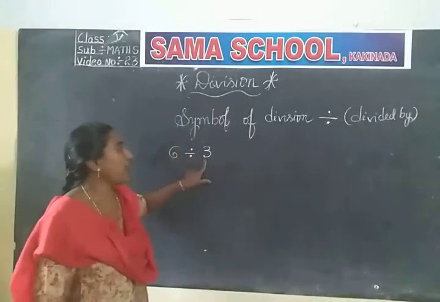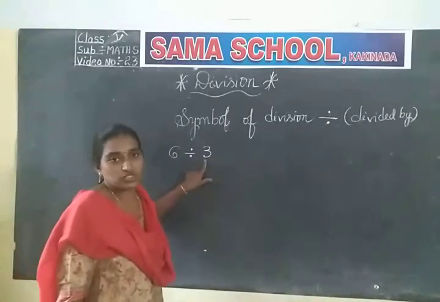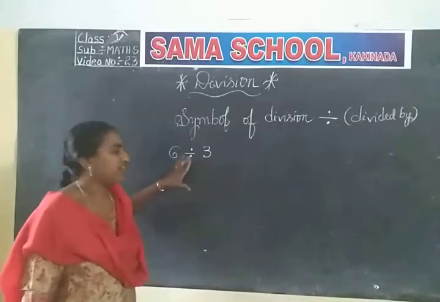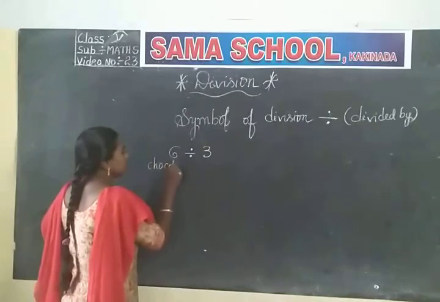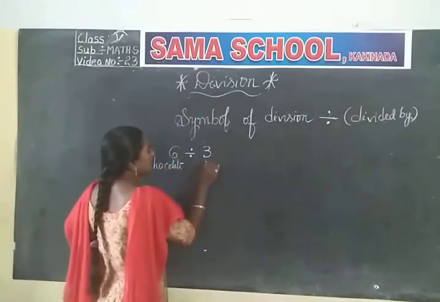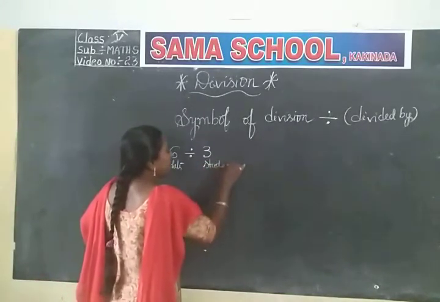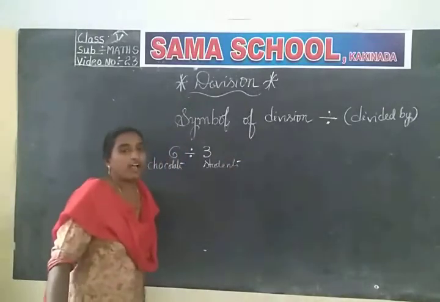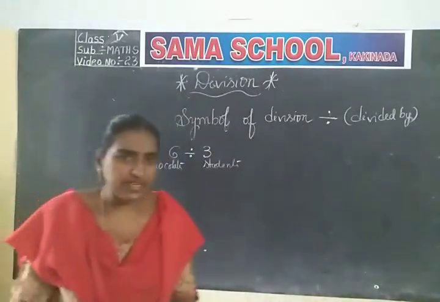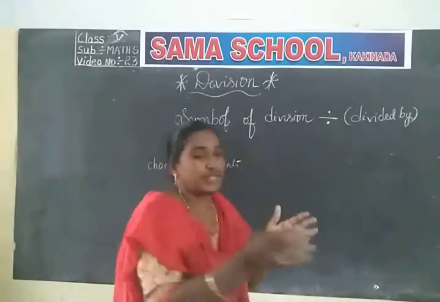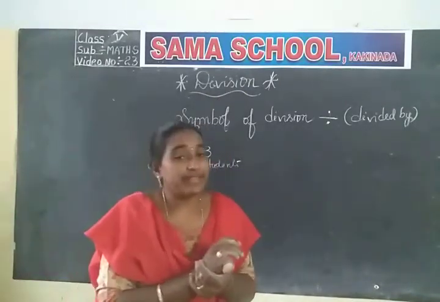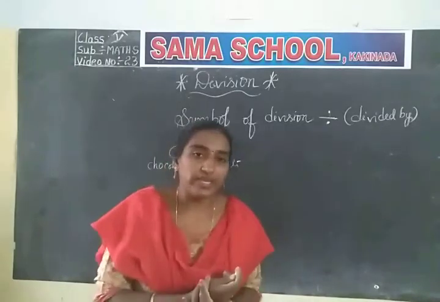These 6 items we have to share among 3 children. For example, 6 chocolates are there and we have to distribute them to these students. Now each student will get how many chocolates? Imagine 6 chocolates in your hand and 3 students are there. Then each child will get how many chocolates?